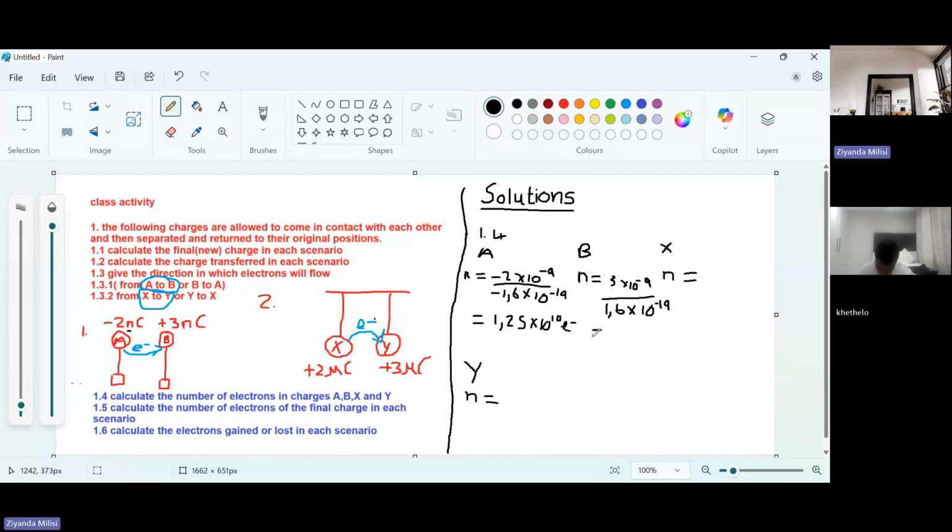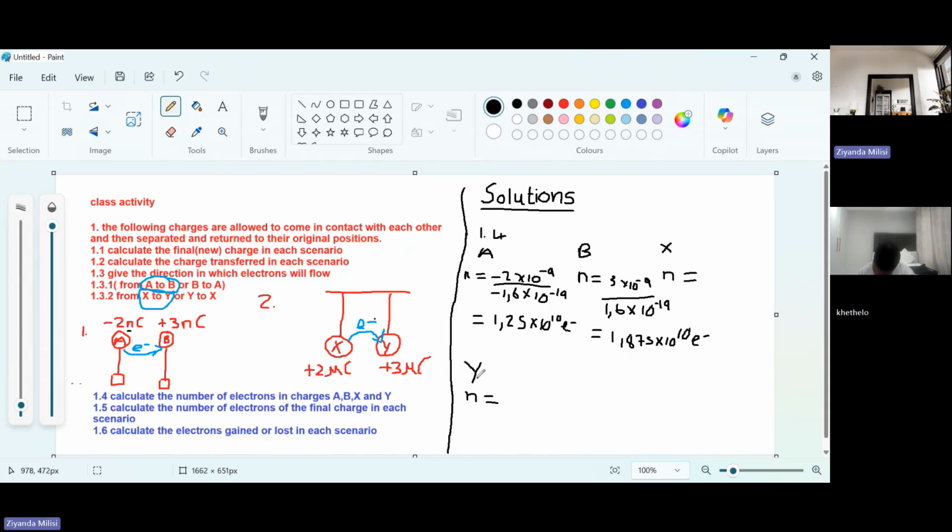What is the answer? 1.875 times 10 to the power of 10 electrons. It's positive.